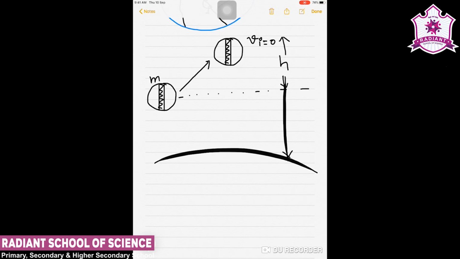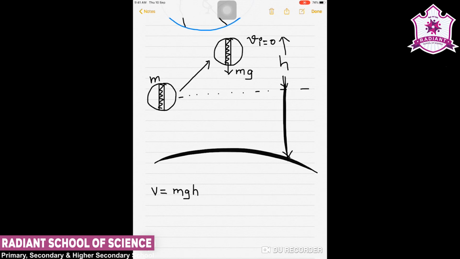It experiences the gravitational force mg in the downward direction, and the potential energy of this ball is a function of height, depending on the height itself.